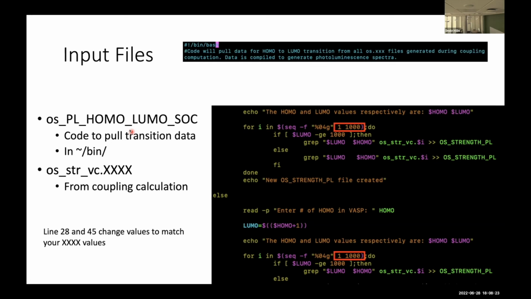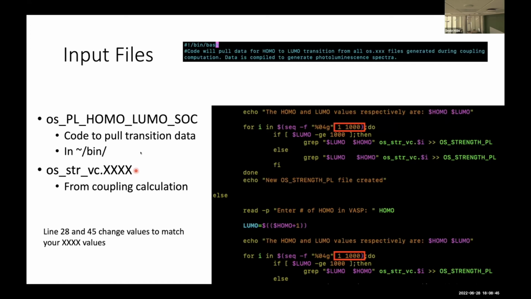You're also going to need from your coupling calculations all the OS_strength_VC.XXX files. These are your files that show the oscillator strength along the trajectory, specifically the ones for interband.